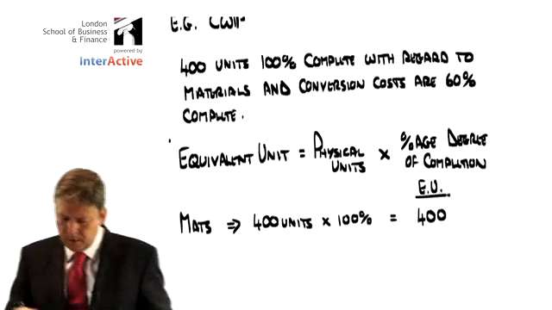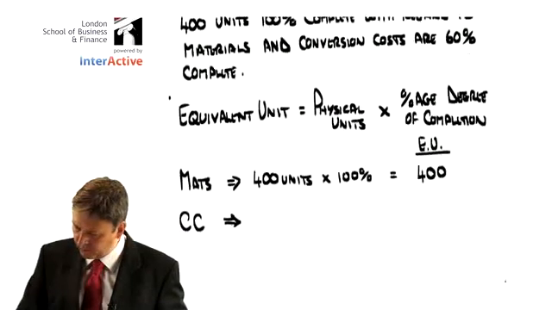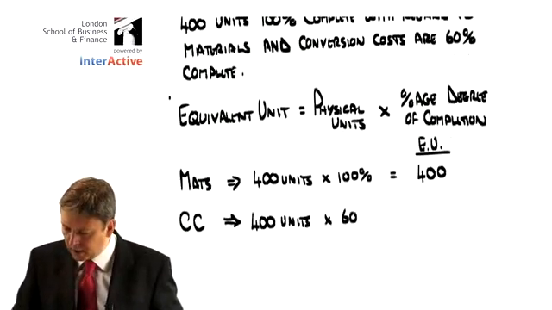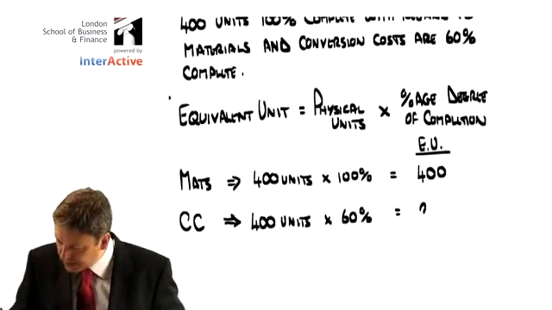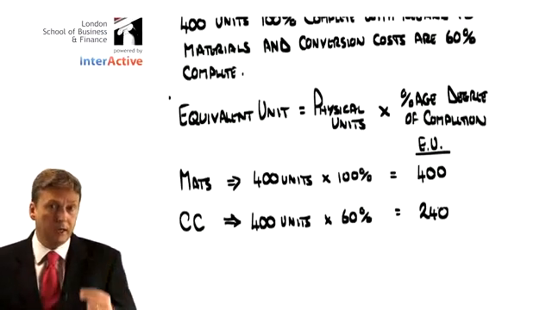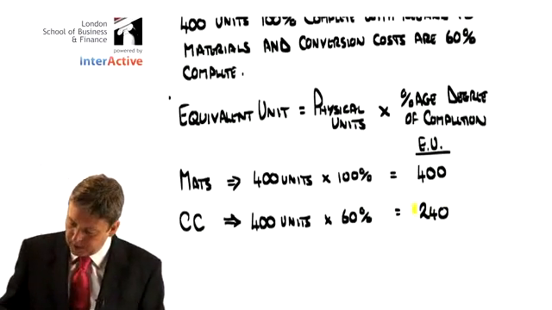But when we come to conversion costs, we have 400 units worth, but we've only done 60% of the work. That is equivalent to having 240 units of wholly completed units. So I suppose it's this second one that we have to pick up on.